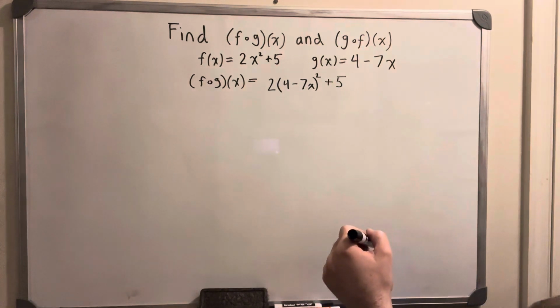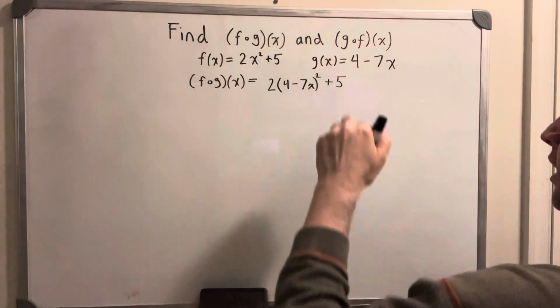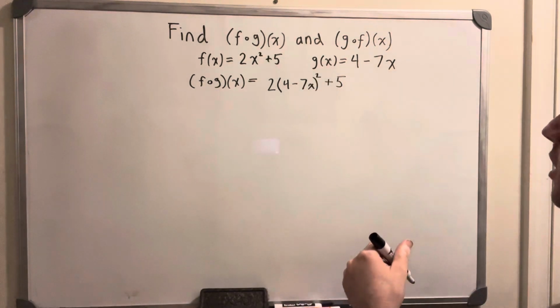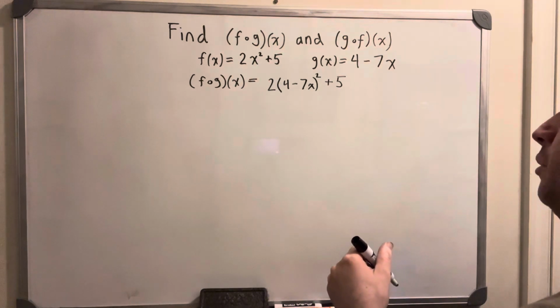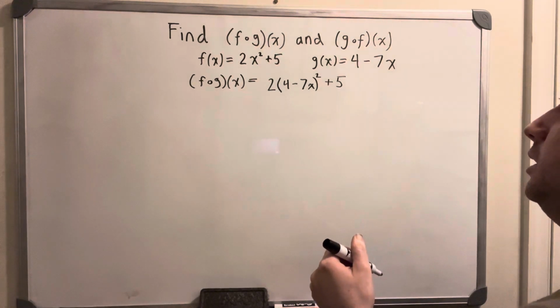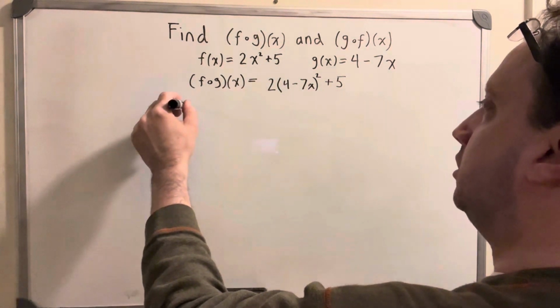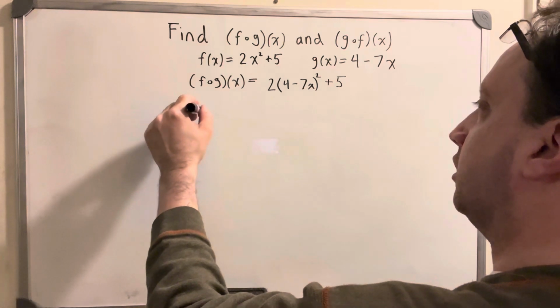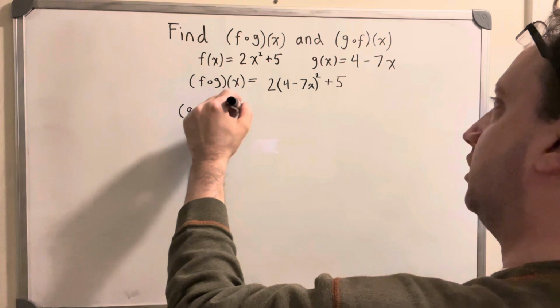At this point, you can make a judgment call if you think that expanding this binomial is going to be worthwhile. How about this time I don't? Then g of f of x.